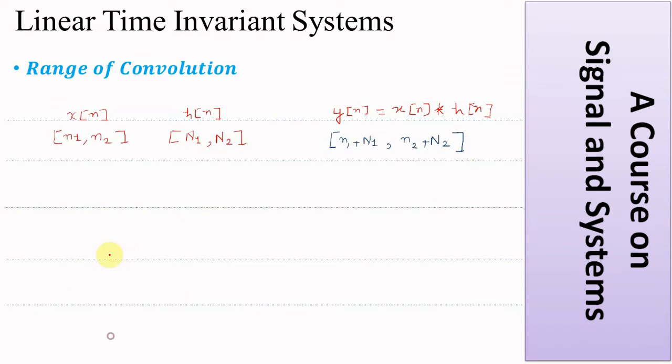We can also develop similarly about continuous time systems. So this was for discrete time systems. For continuous time systems, suppose xt is a signal and ht is another signal, and we evaluate yt, which is xt convolved with ht.